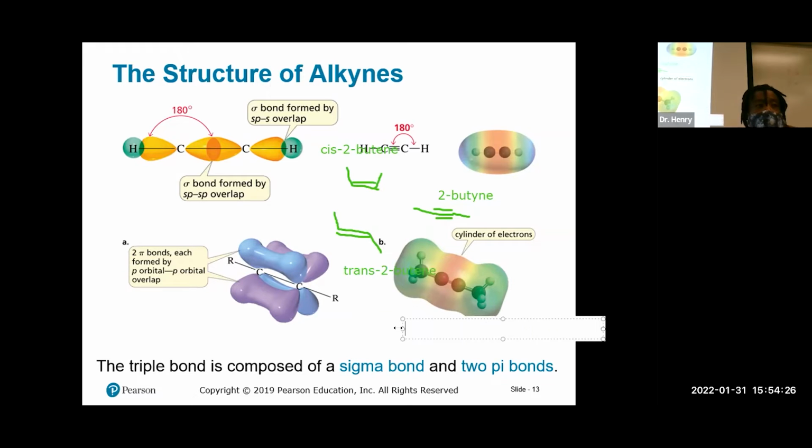Now, which one has more surface area? Which one has more contact of another molecule like itself touching? The butyne, right? And so we would expect the butyne to be higher in its boiling point.